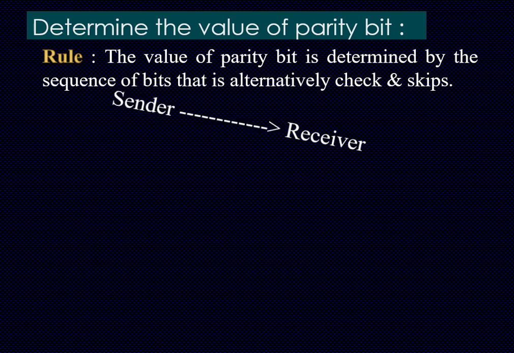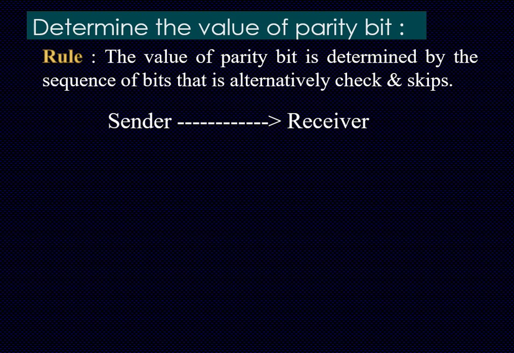The sender wants to send a message, and the receiver is going to receive the message. The sender is sending 4 bits of data, that is 1101. By using this Hamming code structure, we write the 7-bit structure: D7, D6, D5, P4, D3, P2 and P1.